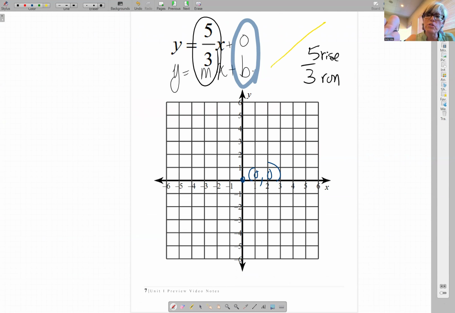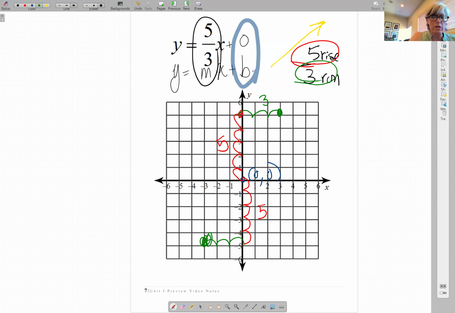is a positive slope, so I know I'm going to go up from left to right. So my rise is 5. And my run is 3. I want my line to tilt upwards, or I could drop 5 and run 3 this way.